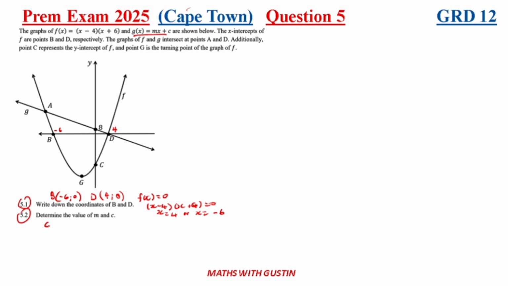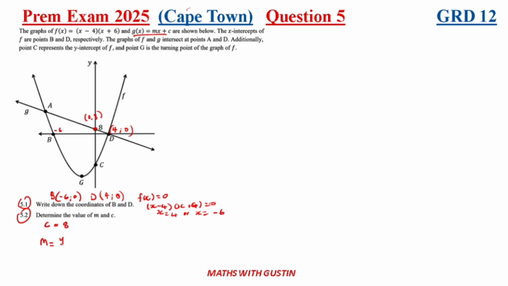Now c is our y-intercept, so c is 8. Then you can find m, the gradient, using the coordinates (0; 8) and (4; 0). You can use those two points to find the gradient.